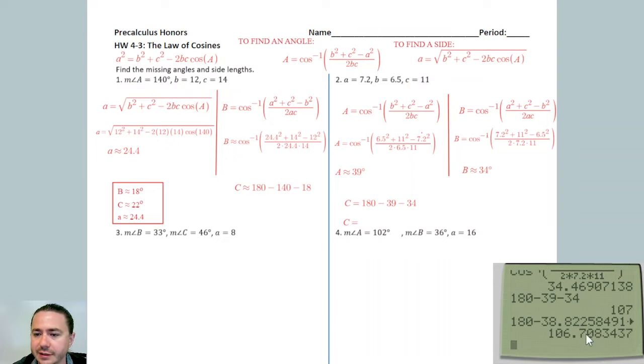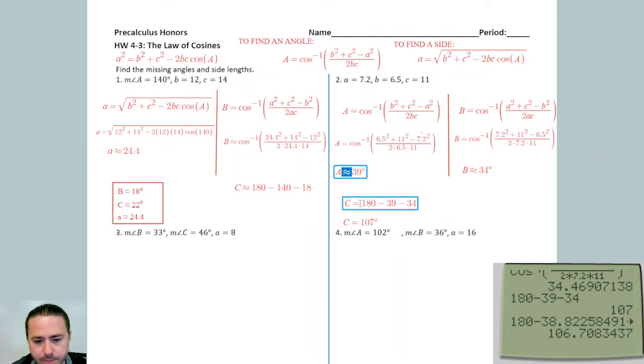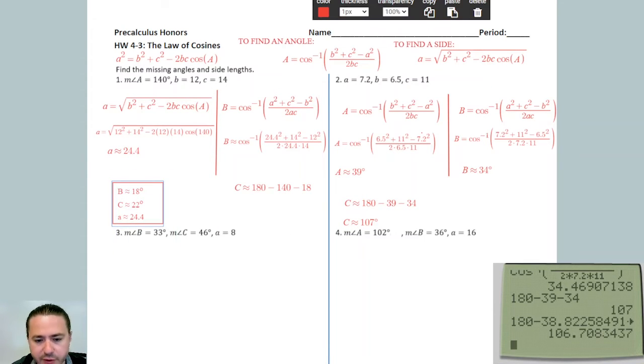But it is nice to see what the exact angle is, or at least a better approximation of it. So yeah, we get 107 degrees. And I guess really that should be an approximation here. Okay, so we basically have all the three missing components here, and we're pretty much done with this problem.